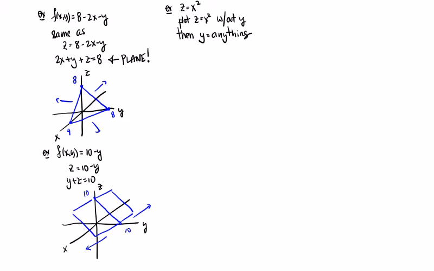In other words, if you had no y-axis, you would have an x and a z, and you would draw a picture, and it would be a parabola. That's z equals x squared.